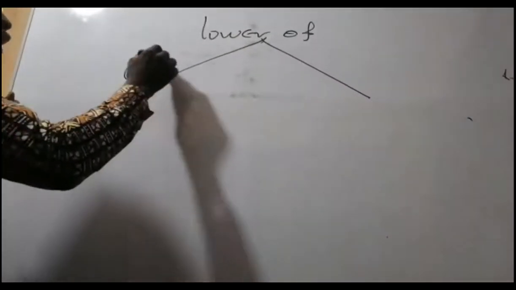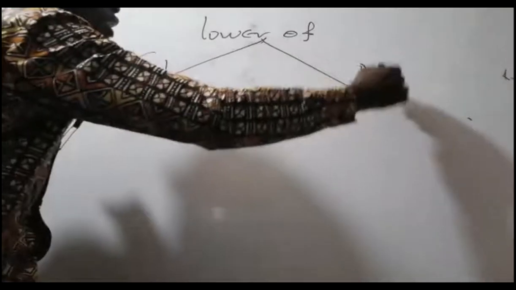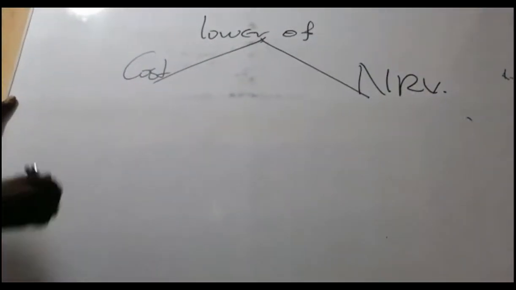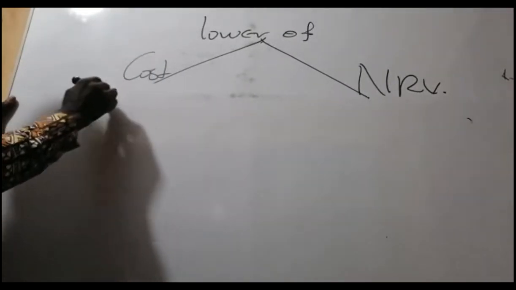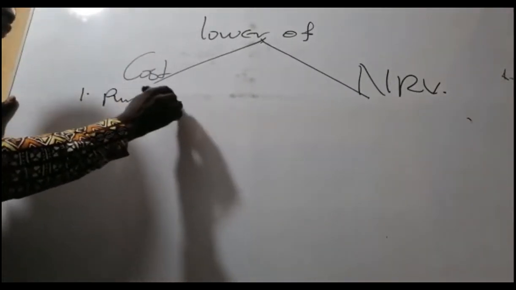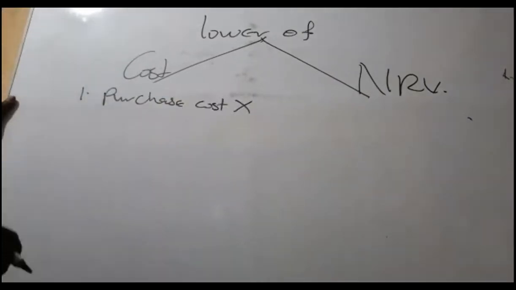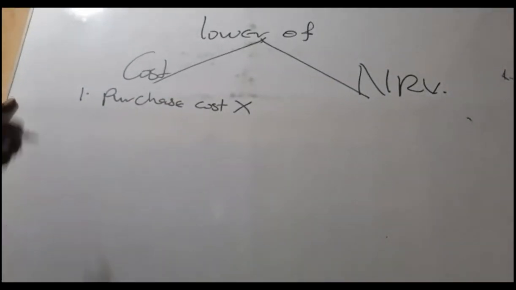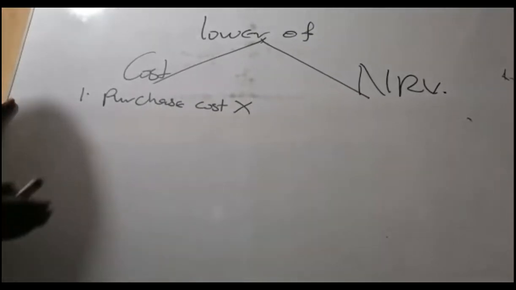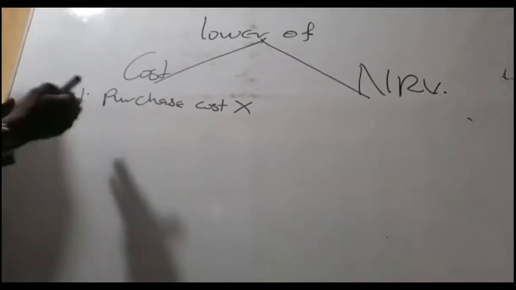I'll put cost here, I'll put NRV here, no subtracting. So what is the composition of cost? 1, purchase cost, so much. That's if I use the actual method. You can also use FIFO, the weighted average cost or the standard price.